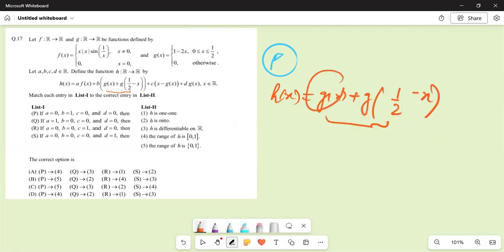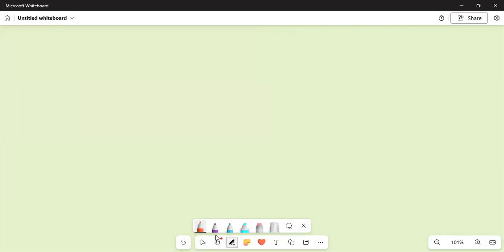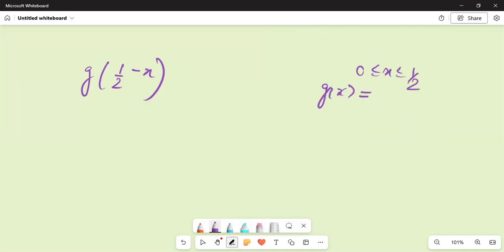Okay, now G is fine. But what about this function G(1/2 minus x)? Let's see what it is. You know that when x was between 0 and half, G is non-zero.